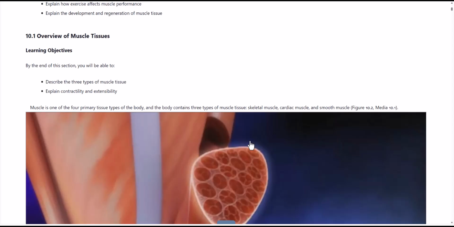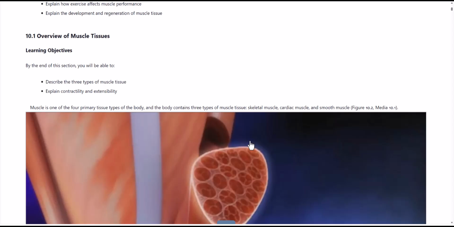Oftentimes we see collagen, elastin, and reticular, but when we're discussing blood in the plasma, we see a different collection of proteins. But regardless, loosely packed cells surrounded by ground substance and protein fibers. Those are the common characteristics found in all of the connective tissues.